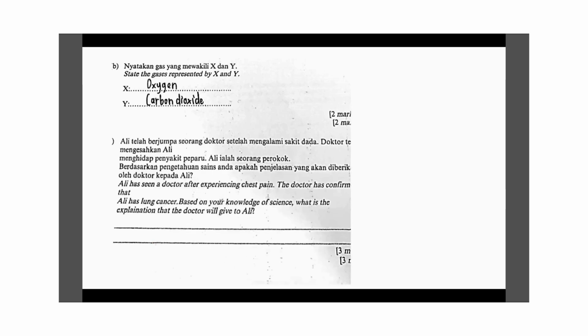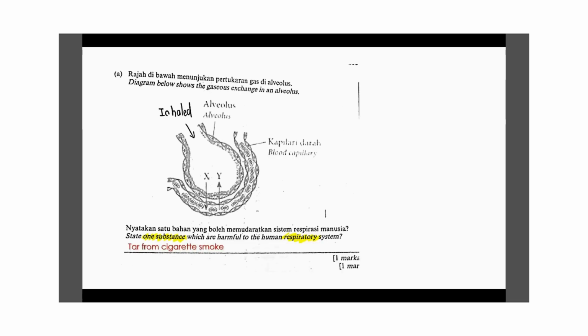In the next question, they ask you to state the gases represented by X and Y. If we go to our earlier question, you can see that the arrow X is pointing towards the blood capillary. That means the gas is moving from the alveolus into the blood capillary, and Y is from the blood capillary into the alveolus.